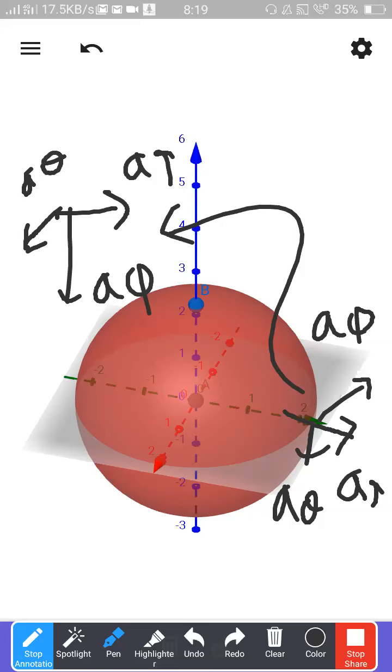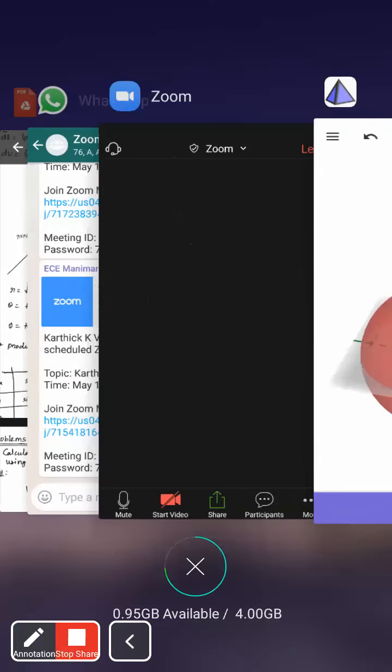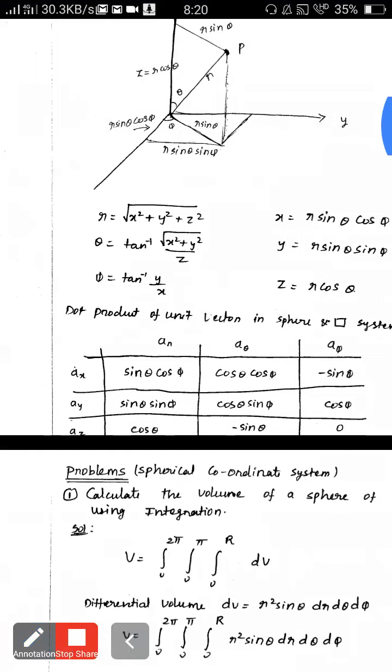Then I will give you one intuitive idea here again. These vector relationships are really complex. I have already shown you the relationship between the cylindrical coordinate system vectors and Cartesian system vectors. Are you able to see this?